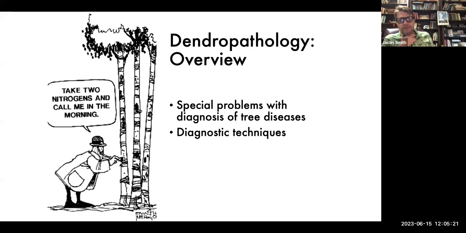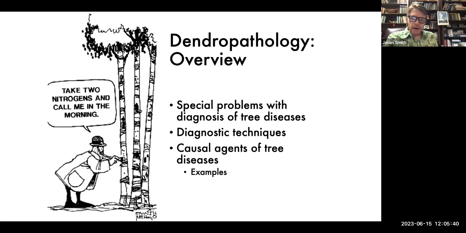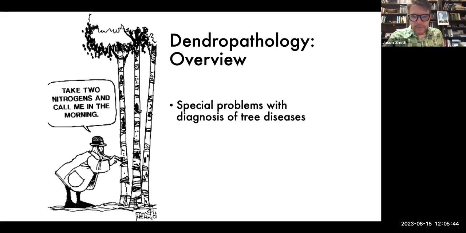Because of these features, diagnosis is distinctly different for trees than it might be for a lot of other plants in the landscape, herbaceous plants in particular. Because of that, diagnostics sometimes requires a combination of having information about the background of the site and things like that, which we'll talk about in a minute.